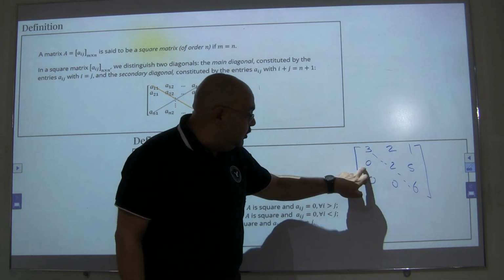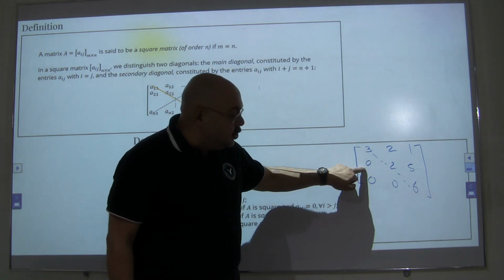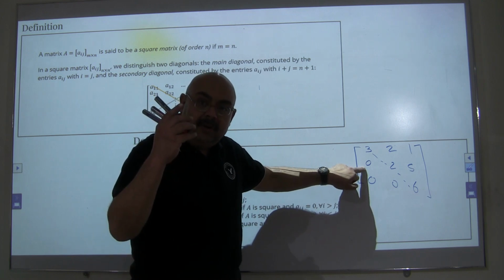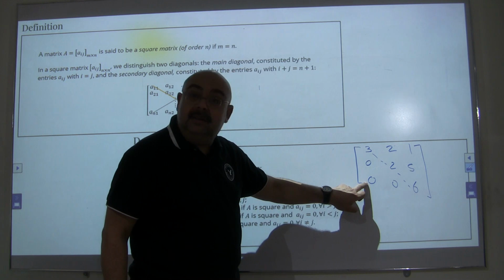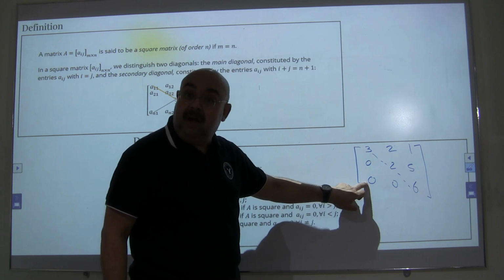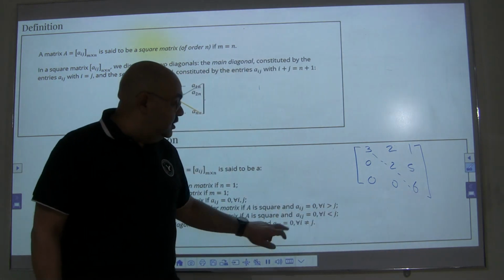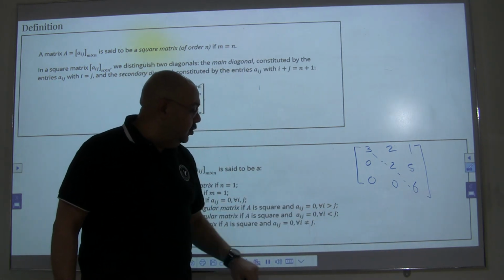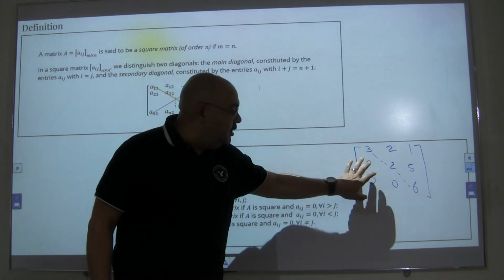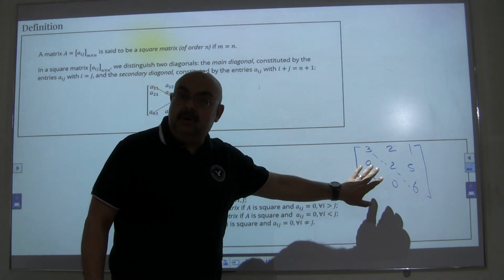Here i is 2 and j is 1, so it's 0. Here i is 3 and j is 1, so still i is greater than j, so it's going to be 0, and so on. So see how we succeeded in writing this in order to outline that these are the entries which are zeros.